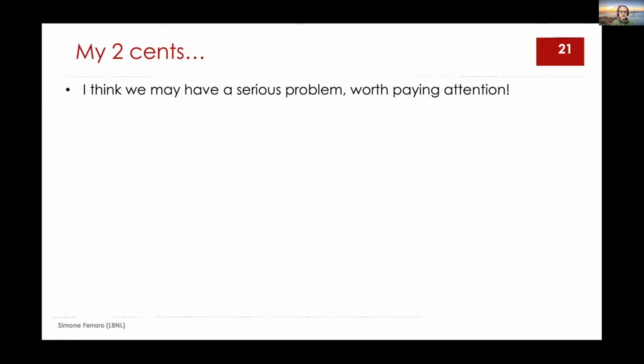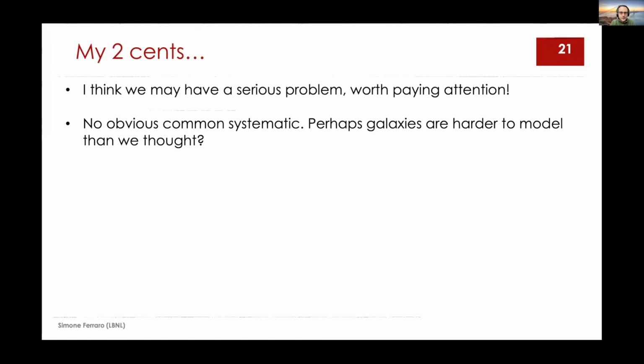So we may have some problem in our understanding of fundamental physics. There are no obvious common systematics because there are so many different probes. The one thing in common is that we use similar tools to model galaxy clustering. So maybe galaxies are harder to model than we thought.